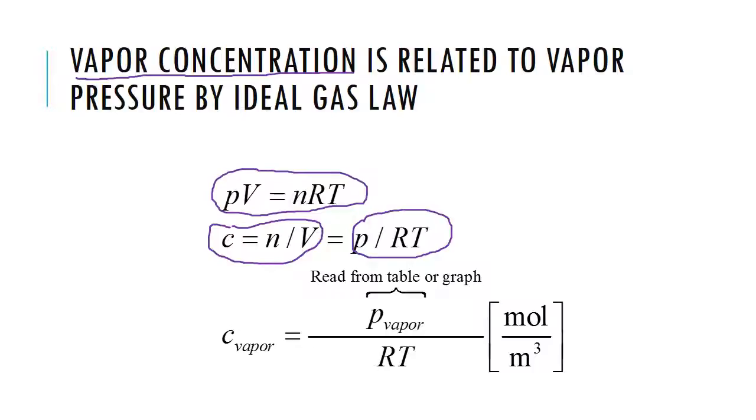Therefore, vapor concentration can be found from partial pressure of vapor that's read from either the table for pure water or from graphs of the kind that I showed earlier, and you can find the concentration of vapor in moles per meter cubed. This is something we're going to need later on for solving transport problems.